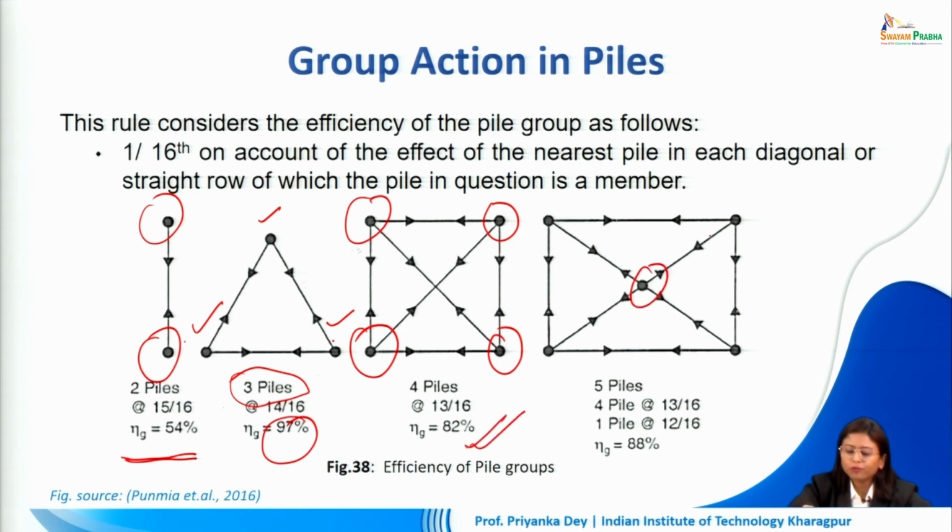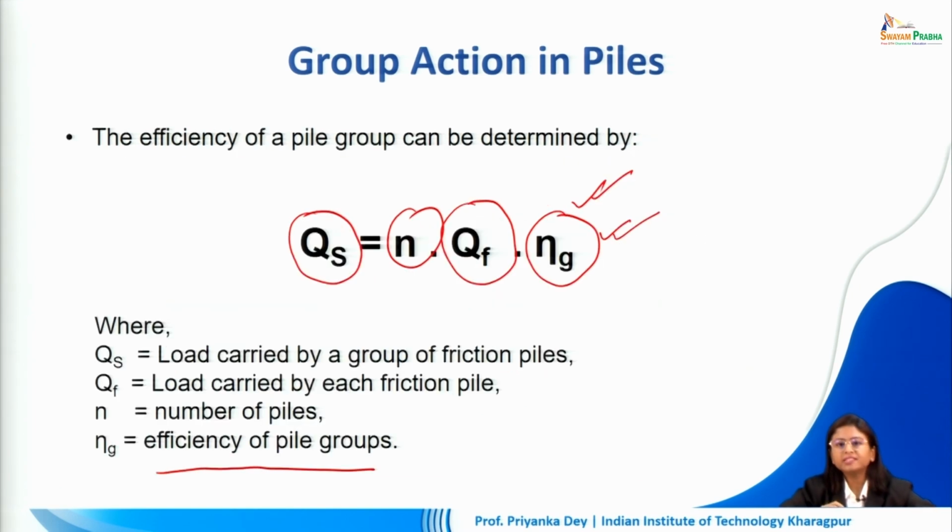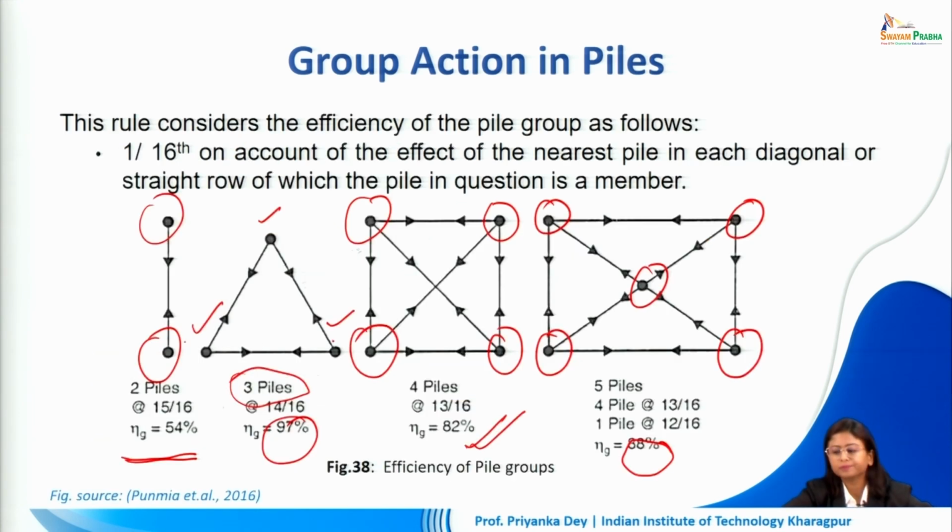And if we have 1, 2, 3, 4, 5 piles, it will be 88%. So NG is going to vary depending upon the number of piles we have in the arrangement, and that should help us calculate how all these piles in a particular arrangement are going to work together and what will be the total efficiency of this group.